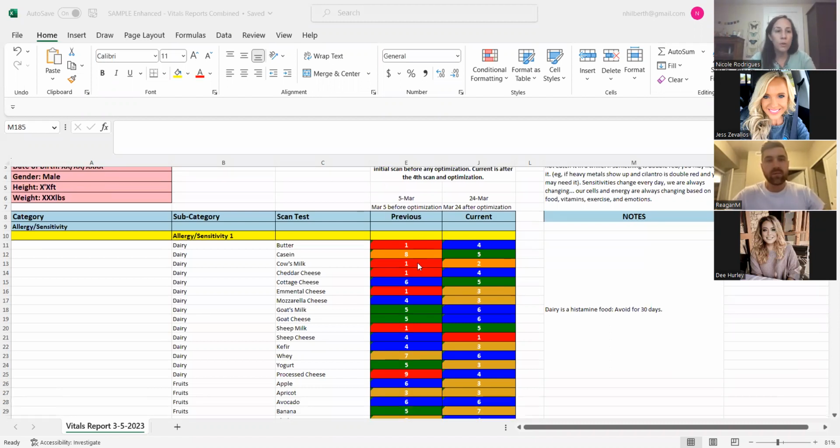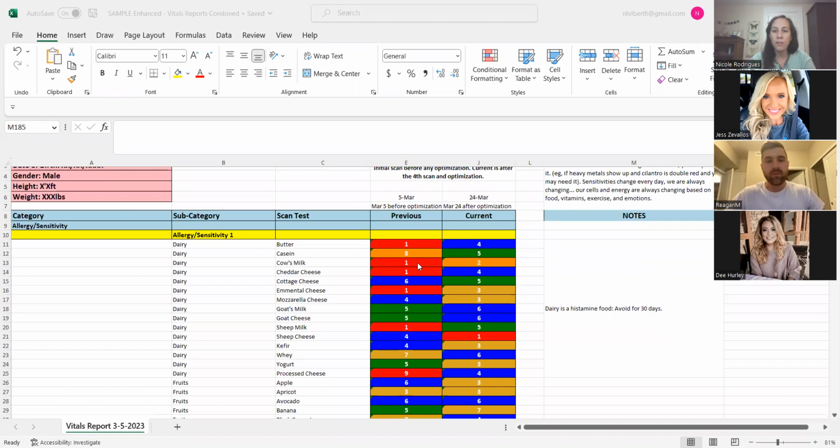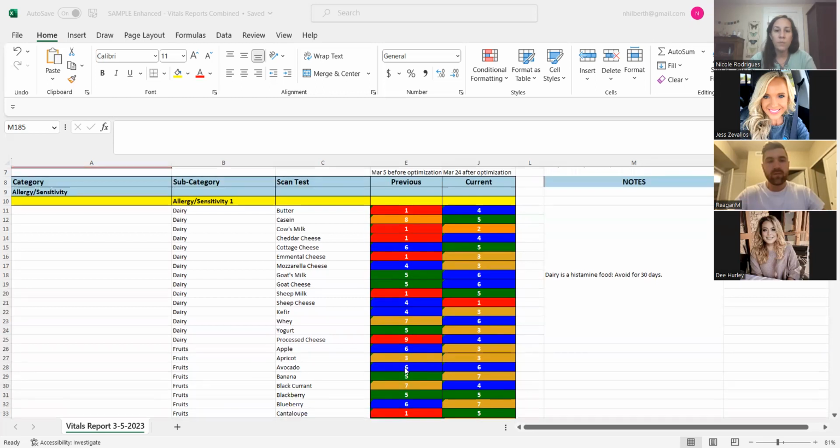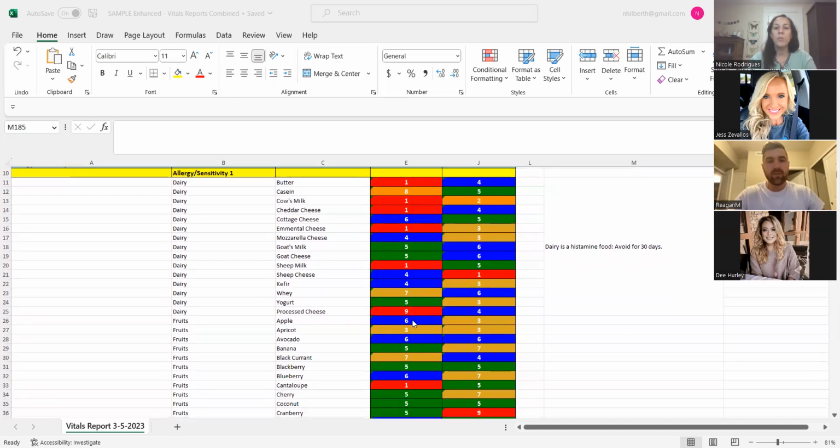I'm going to start with a little bit of the allergy sensitivities. As you can see, the client had a lot of dairy flagged in his first scan before optimization. Over a series of scans, his numbers continued to be in the red and orange, so 1 and 9 or 2 and 8.